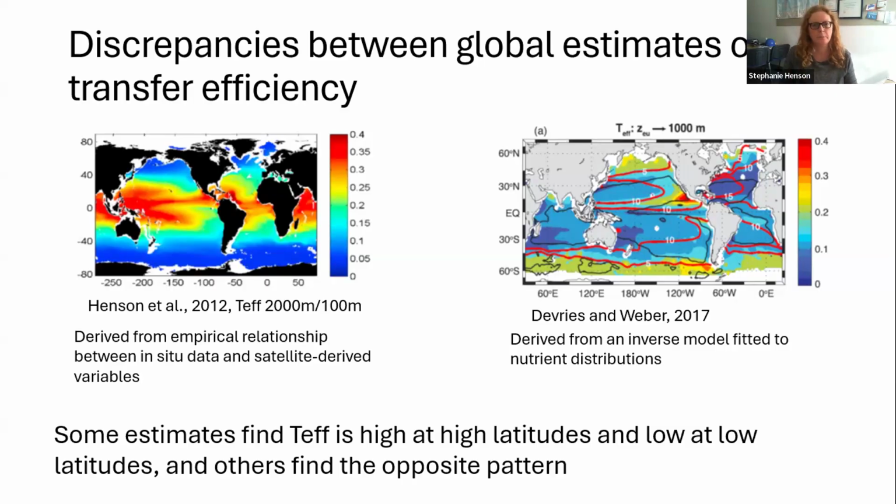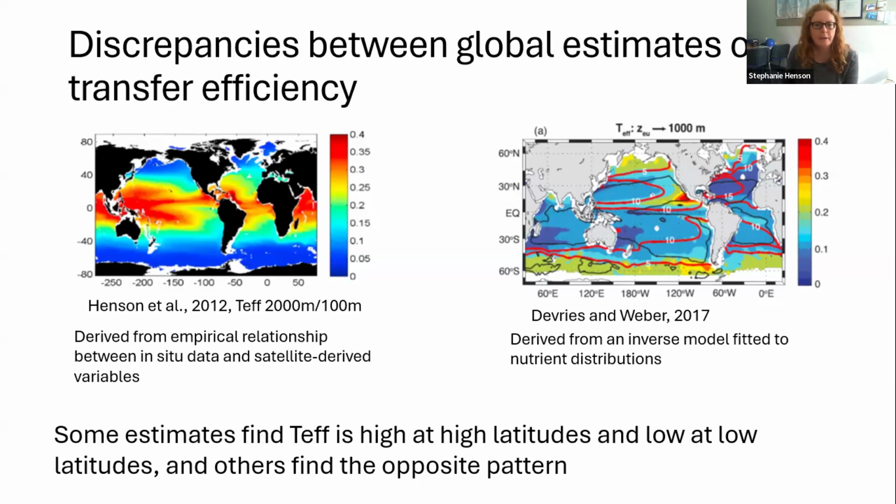And what that tells us is the proportion of particles that are being transferred from the upper ocean into the deep ocean, where a high number indicates a higher transfer. So you can see in these two pictures here that there's some contrasting patterns that have been found in the literature. Some find transfer efficiency to be high at high latitude and low at low latitudes and vice versa.